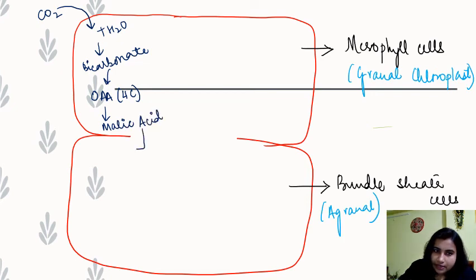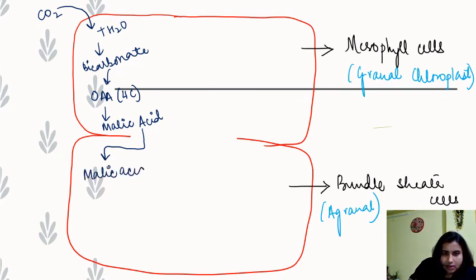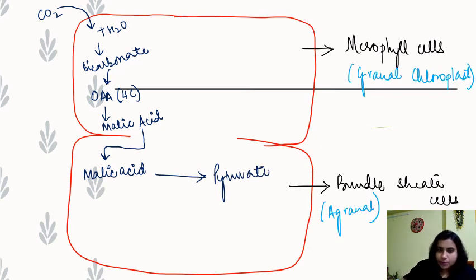This malic acid enters the bundle sheath cells and gets converted to pyruvate, with the utilization of ADP to ATP.